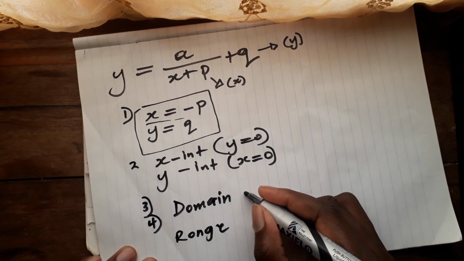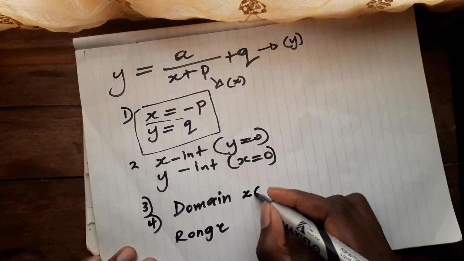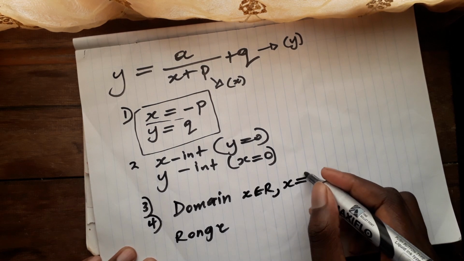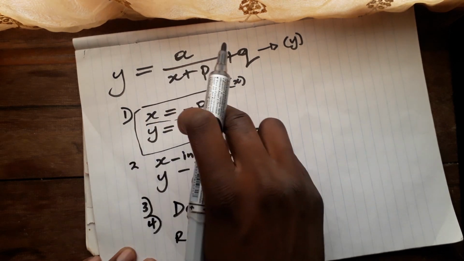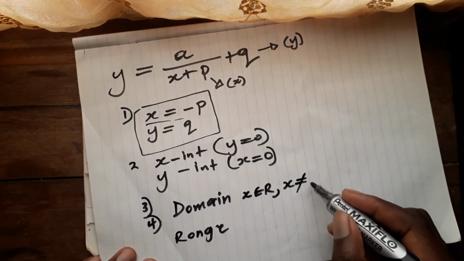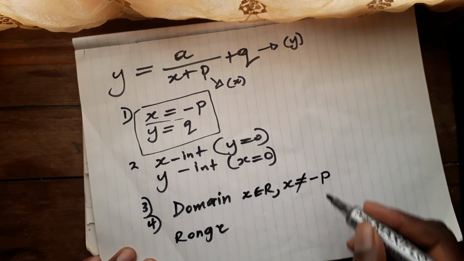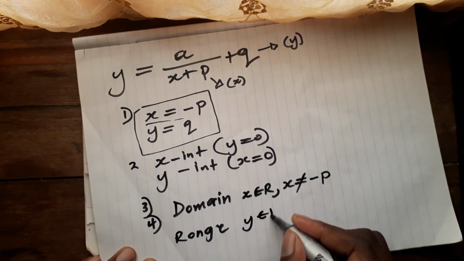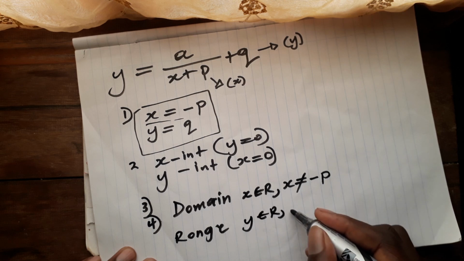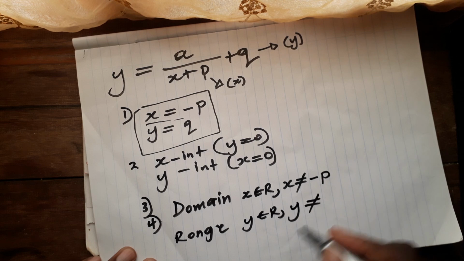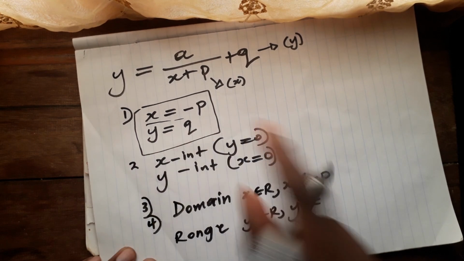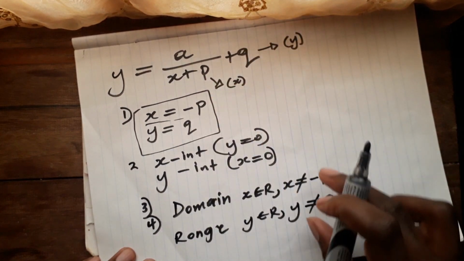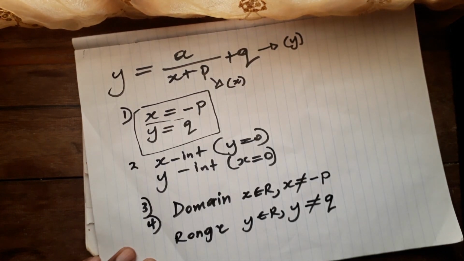You're going to say x is an element of all real numbers, but x is not equal to the value of the asymptote here, which is negative p. What about the range? y is an element of all real numbers, but y is not equal to q. If you have values here, you are going to put them here instead of writing p and q.